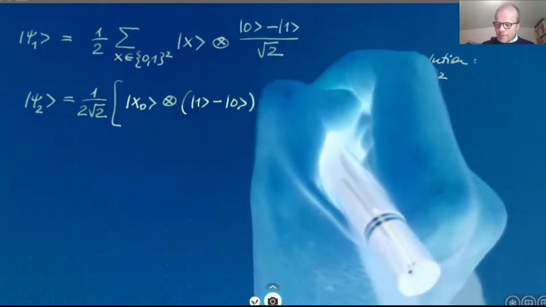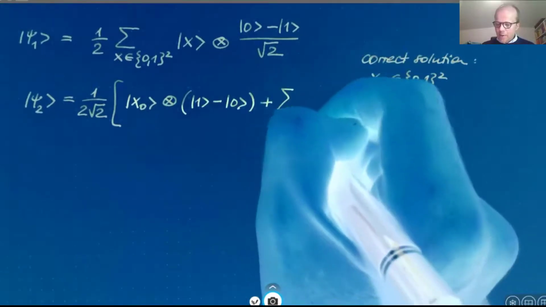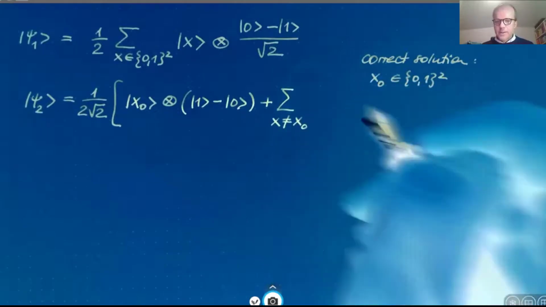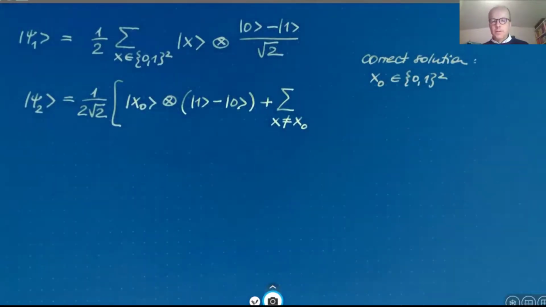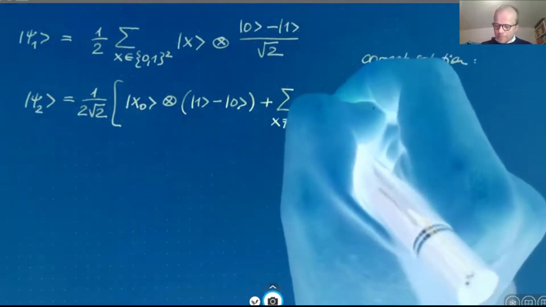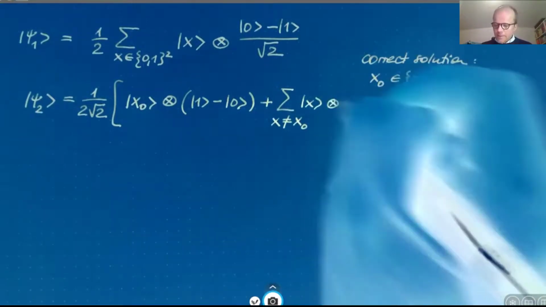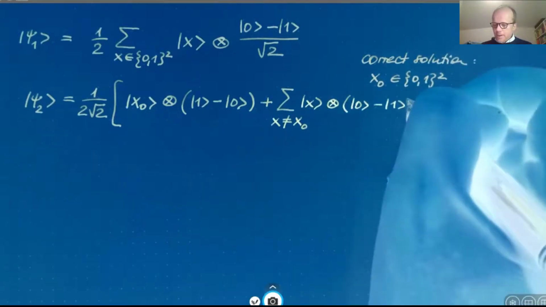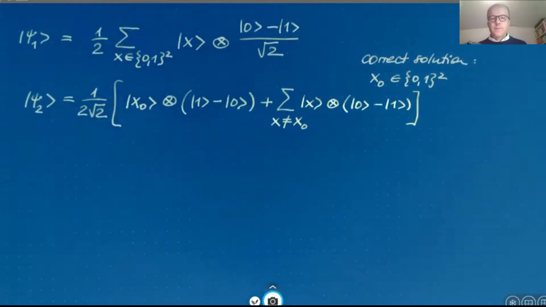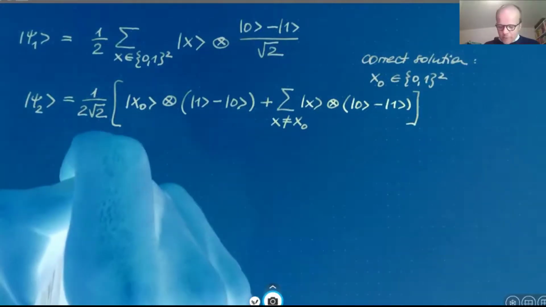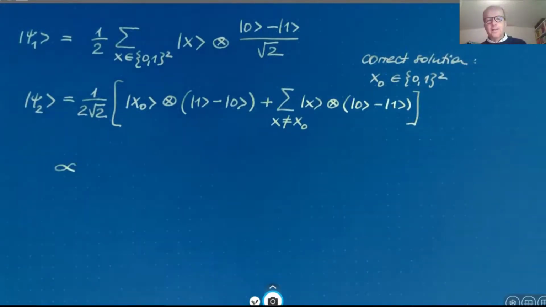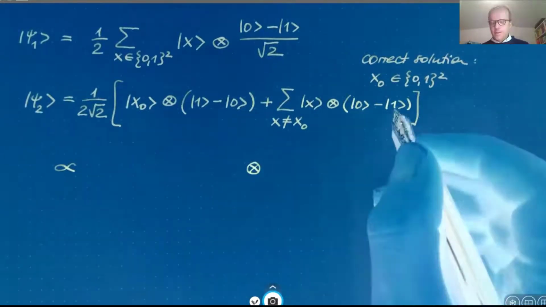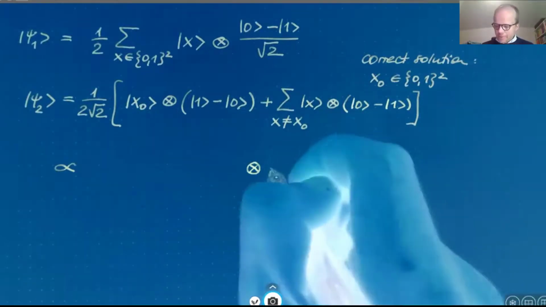For all the others, so then I have a remaining sum over all x's which are incorrect, so they're different from x0, the target basis states are not flipped, so I keep 0 minus 1. Okay. Now up to numerical factors and overall signs, we can factor out 0 minus 1, which is the minus state.